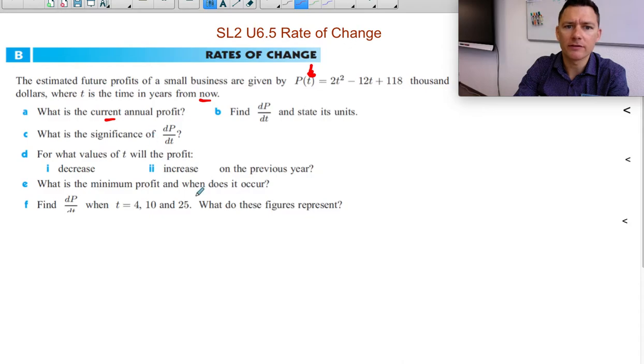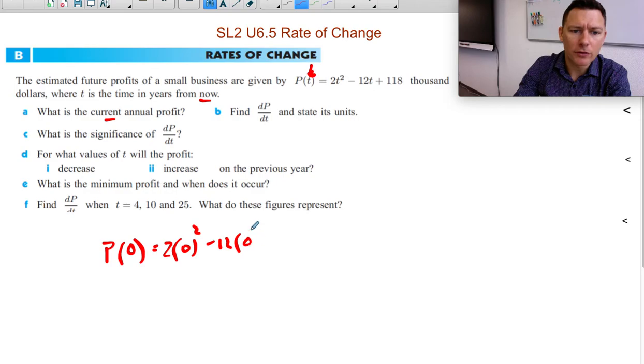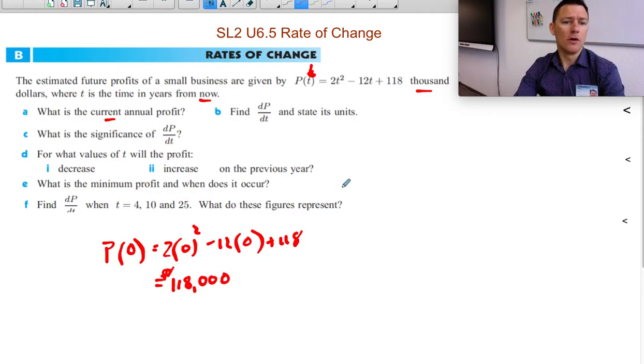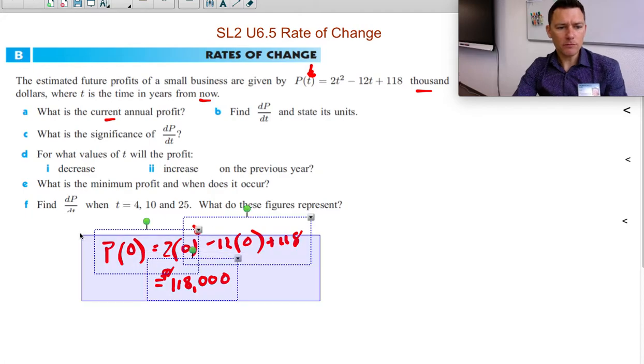So current is 0 years from now, so you can plug in P of 0, you'd plug in 0 into all the t values, which becomes 0, and you're left with this 118, right? So at year 0, you have 118, it's in thousands of dollars, so this should be $118,000 as our profit right now. Cool, so that's A, fine.